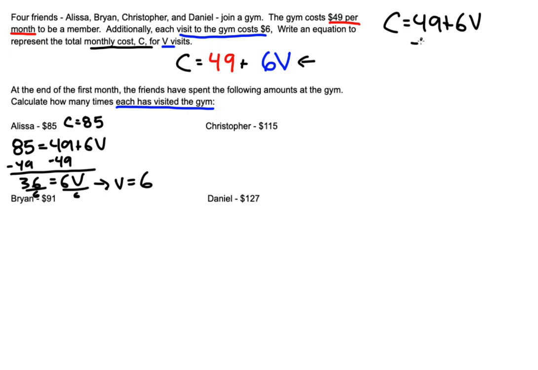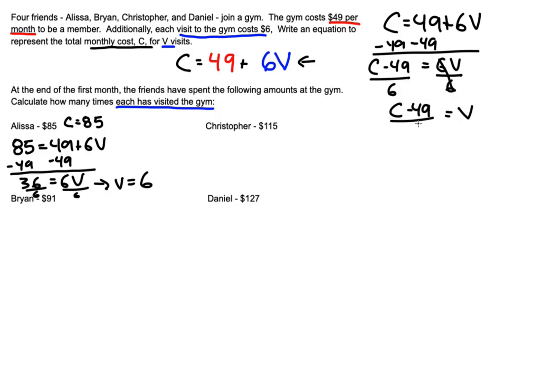So if I subtract 49 from both sides, I end up with, on this side, C minus 49, and on this side I have 6V. And I want to isolate V, so if I divide by 6 on both sides, the 6's cancel, and I'm left with V equals C minus 49 over 6.